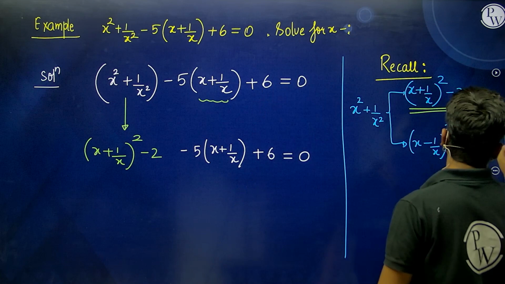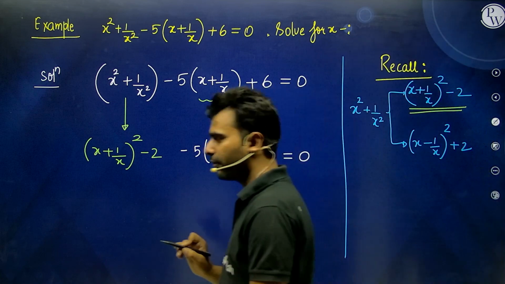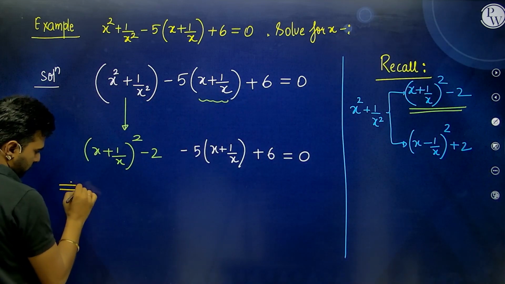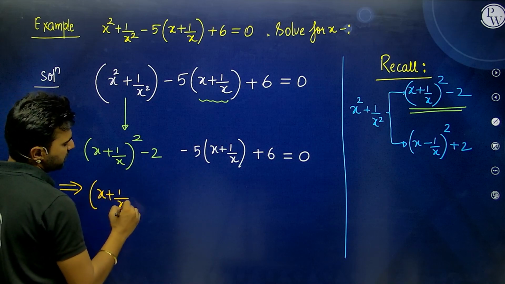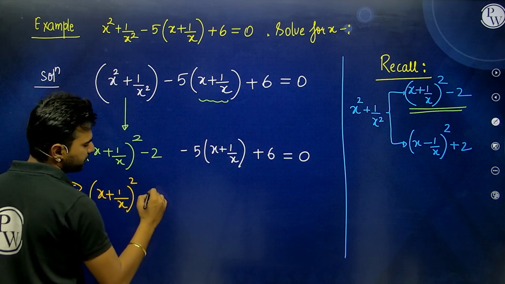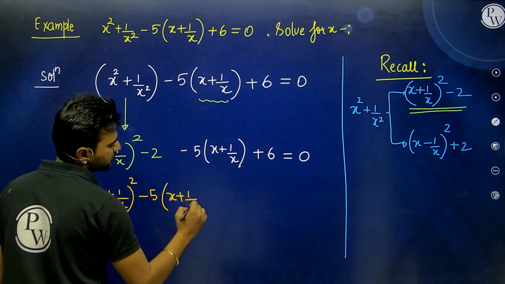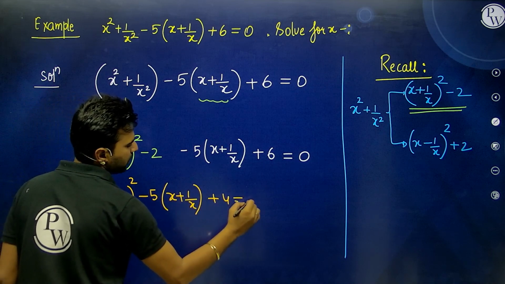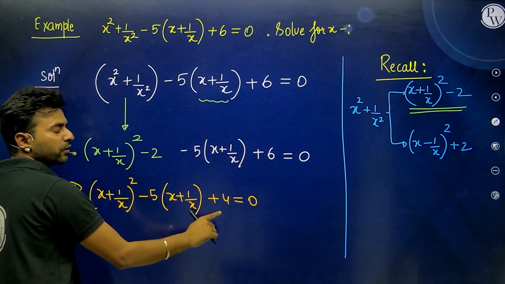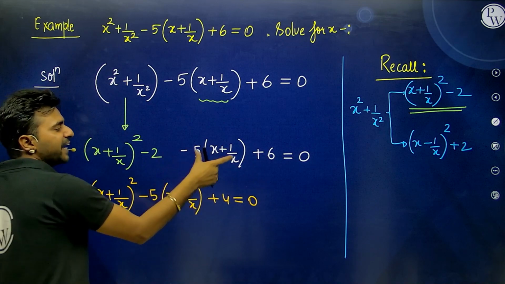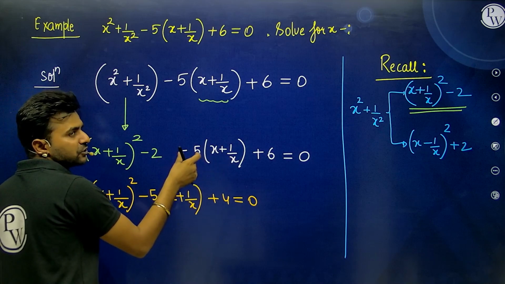Okay, rearranging and simplifying this equation, we can see that there are two constant terms coming. So combining them together, our equation becomes something like this. Minus 2 plus 6, that is plus 4. This minus 5 is not alone.